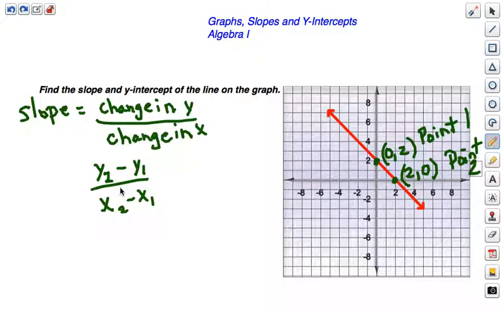So we're going to look for the y coordinate in point 2, which is 0, because this one's point 2, so we have 0 minus the y in point 1, which is 2, over the x in point 2, which is 2, so we have 2 minus 0.